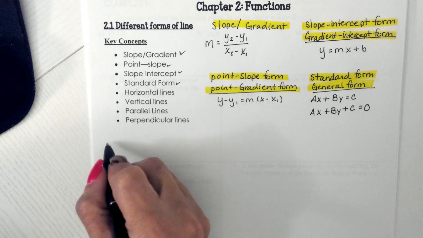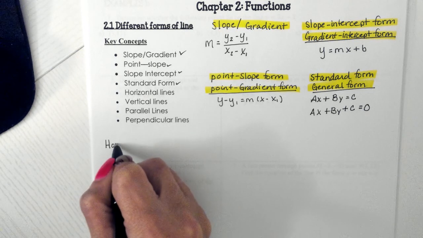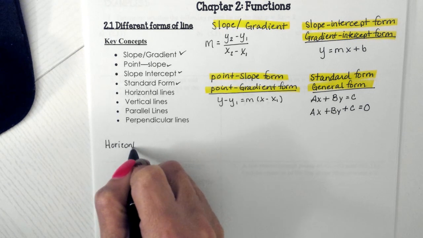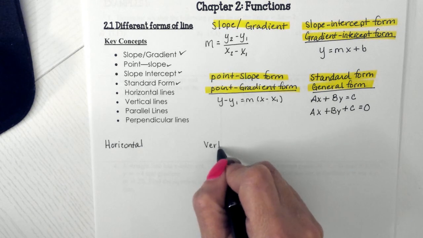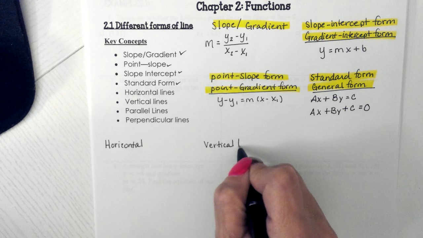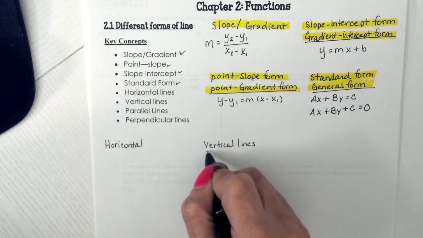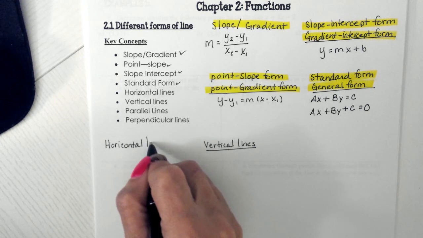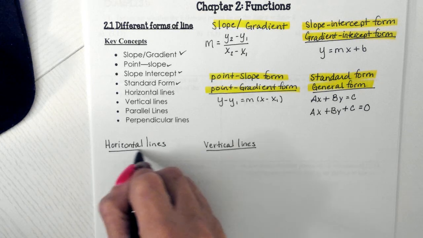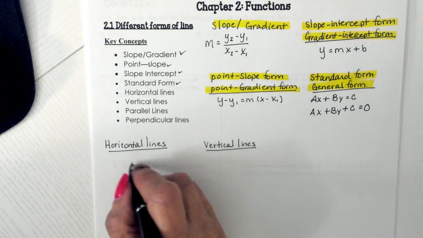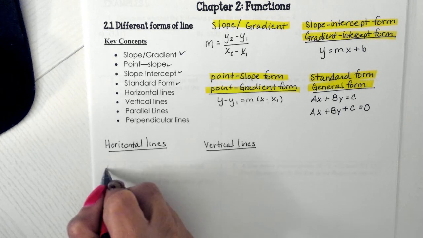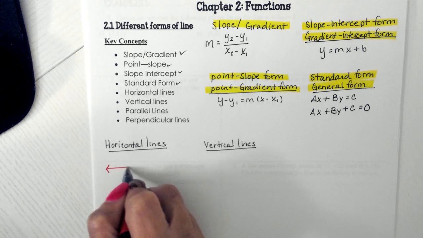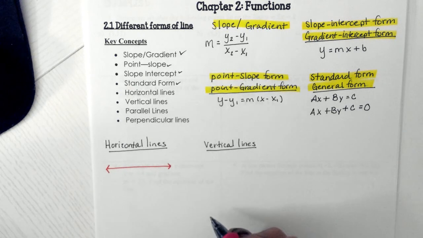Now, the other thing we're going to have, and you may remember these, and you may not, is horizontal and vertical lines. I'm going to put the word lines under there. All right, so if I have a horizontal line, horizontal goes from the left to the right.